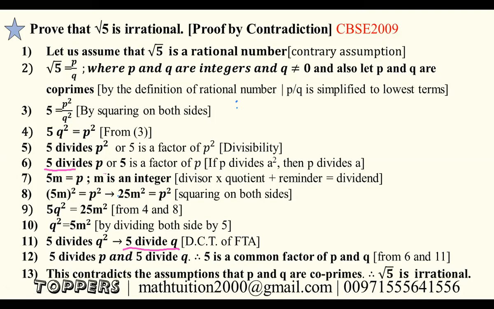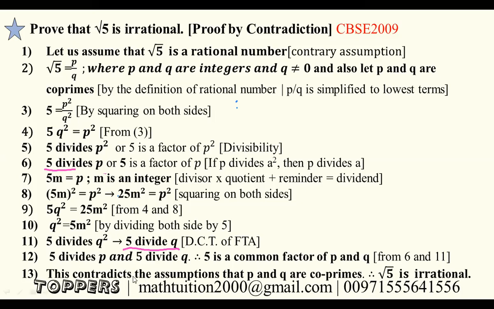Actually, this contradicts the assumption that p and q are coprimes. At the start, we made p and q into their simplest form, and the HCF was 1. Other than 1, there were no common factors, so we call them coprimes. Now we got 5 is also a common factor for p and q.